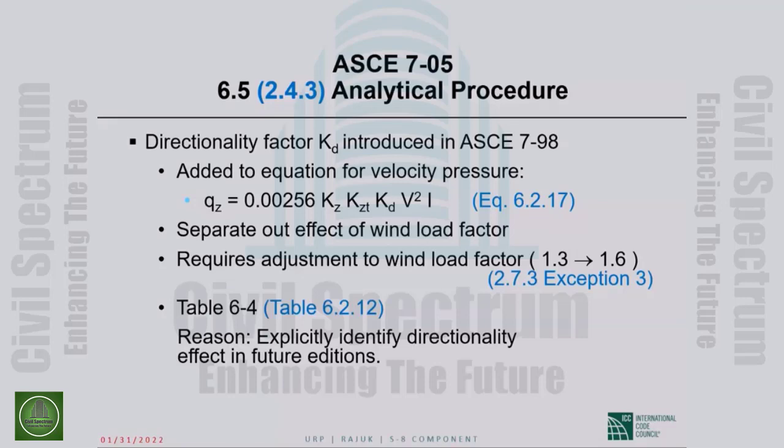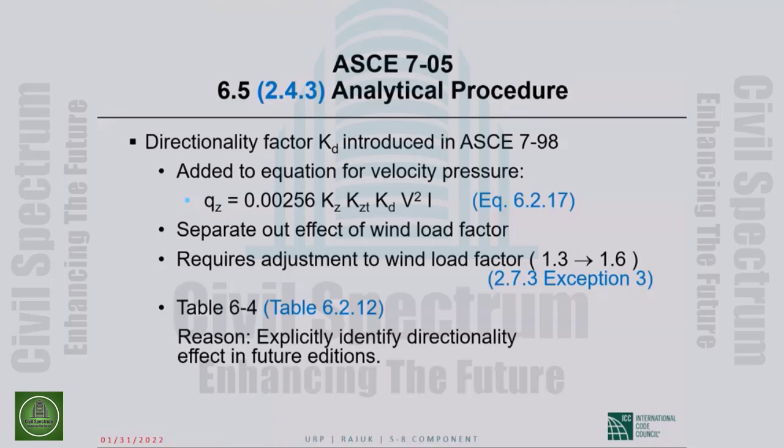We were now multiplying wind by a factor equal to 0.85. The intent of ASCE 7 was not to design for lower wind loads. Okay, so the decision was, prior to ASCE 7-98, the load factor on wind used to be 1.3.